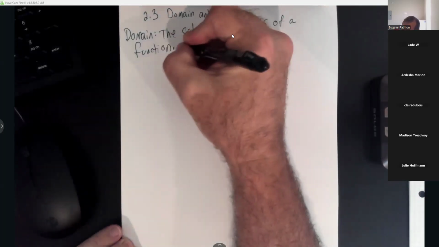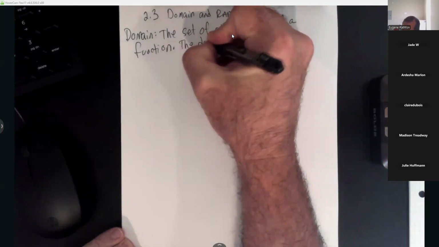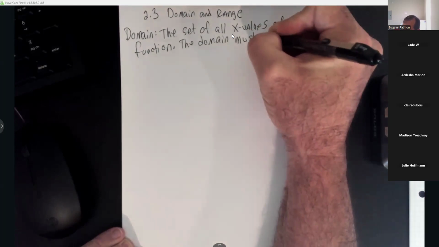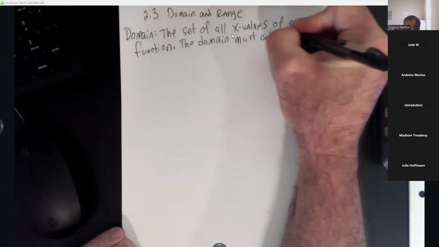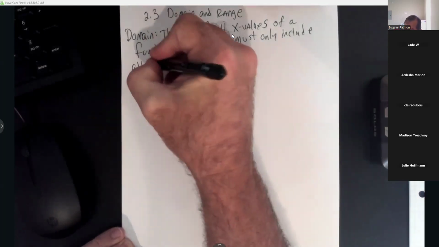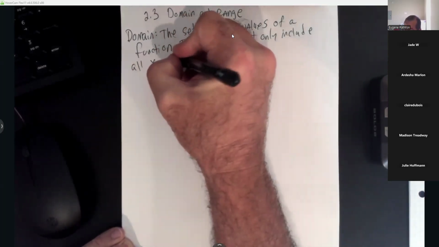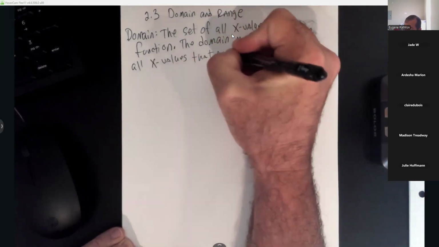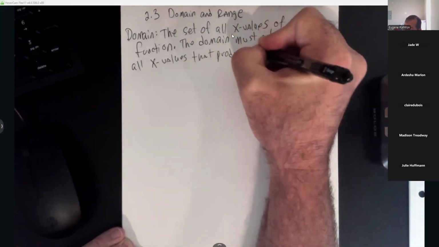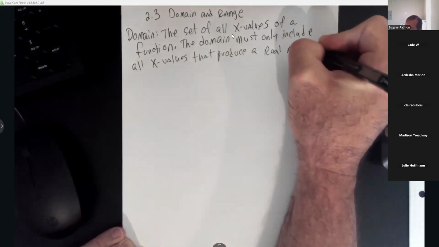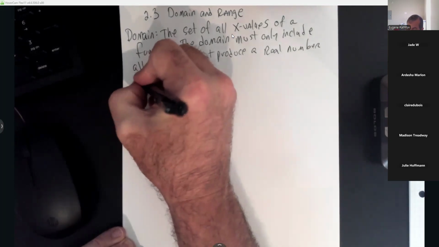Okay, now the domain must only include all x values that produce a real number output.